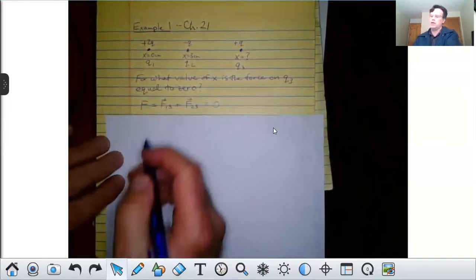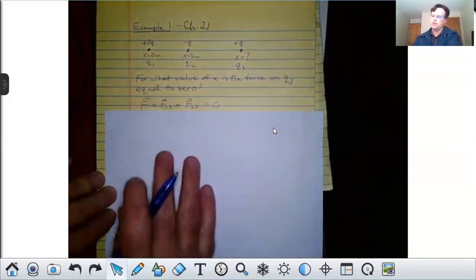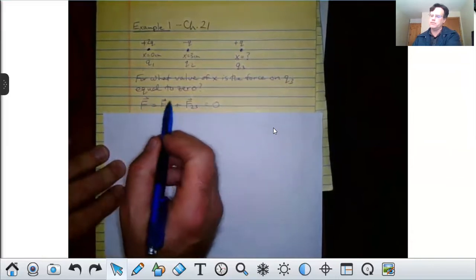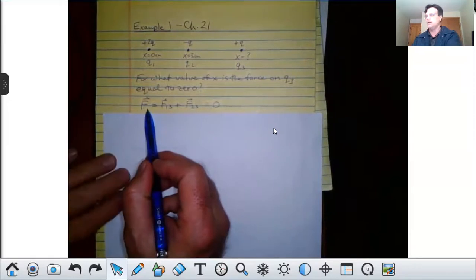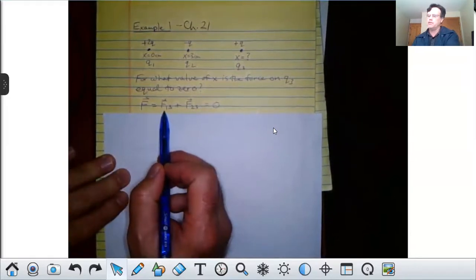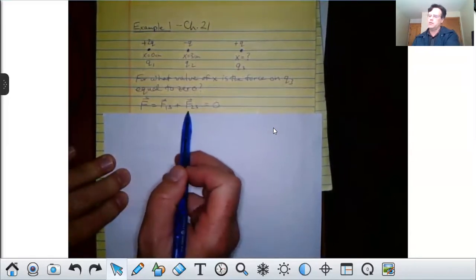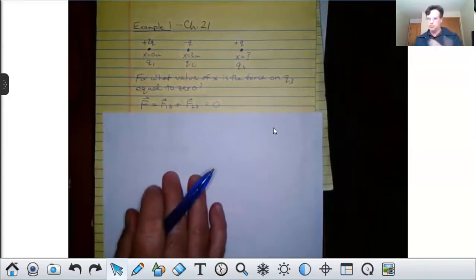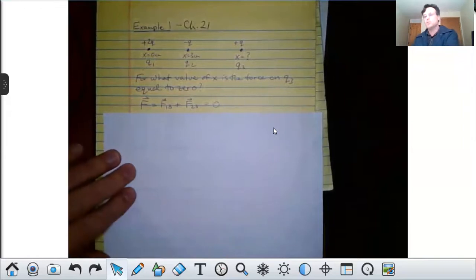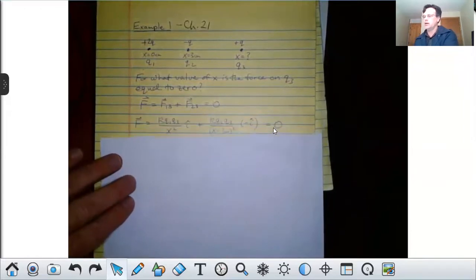So the statement of our problem, again, the arrow here means just that it's a vector, is that the force on Q3 is equal to the vector sum of the force of 1 on 3 plus the force of charge 2 on charge 3. And I want them to equal 0. So at this point, we're going to plug in Coulomb's law.